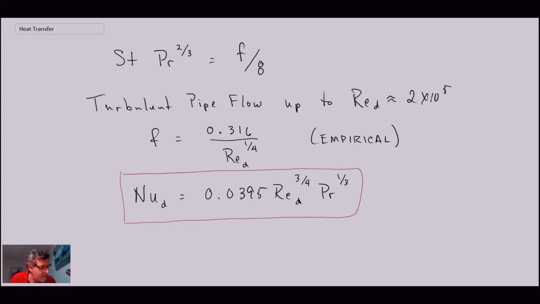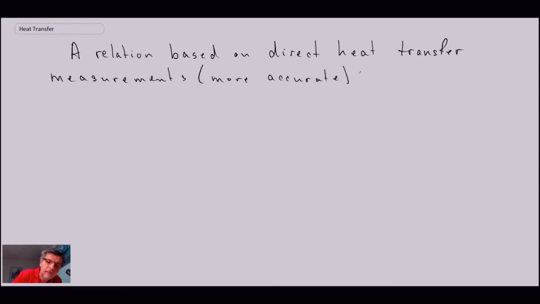Now, what people have done is they've taken this expression and tested it to see how well it matches heat transfer data. It turns out that it's good, but it's not perfect. And so people have used that functional form and fine-tuned it to come up with a better expression for the Nusselt number. Taking that basic functional form and using direct heat transfer measurements results in the following expression for the Nusselt number based on diameter.